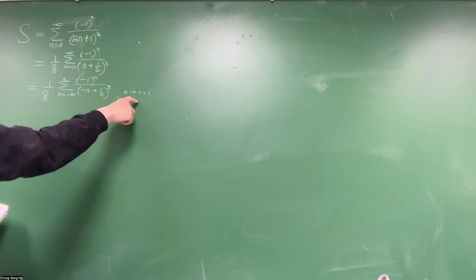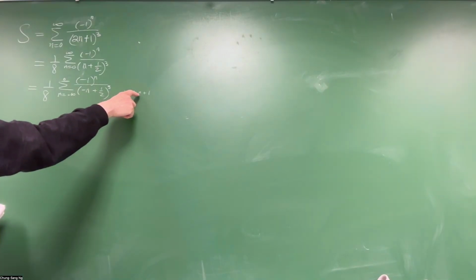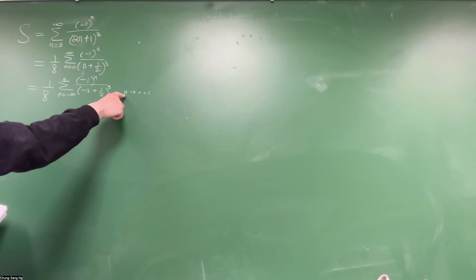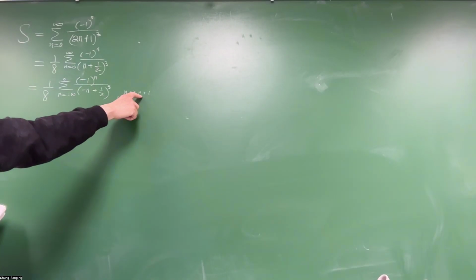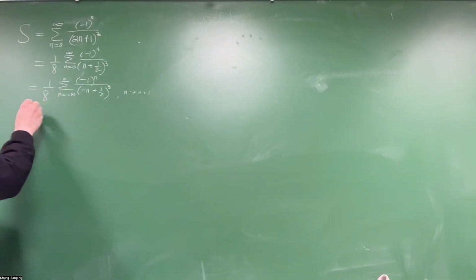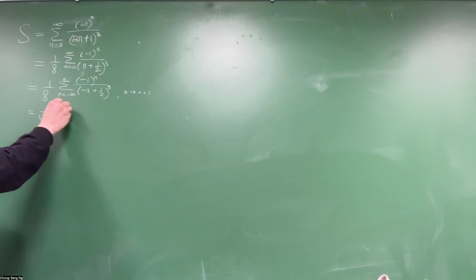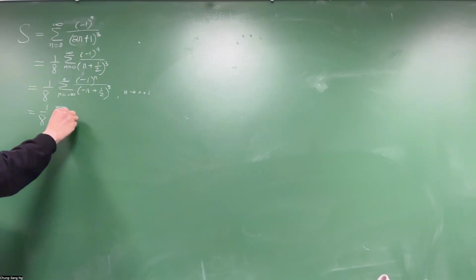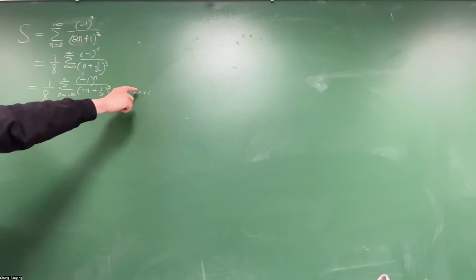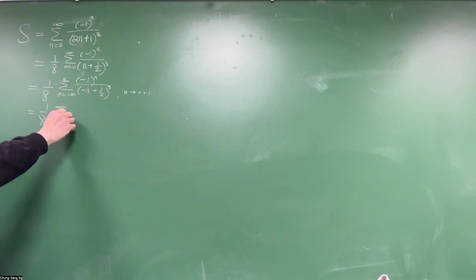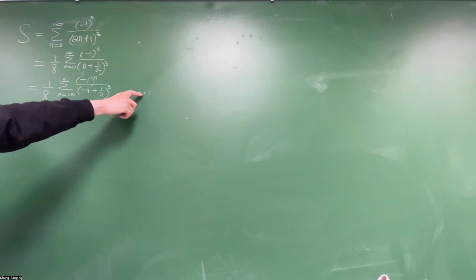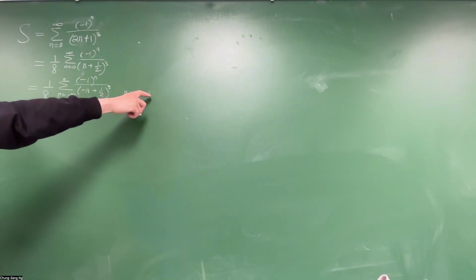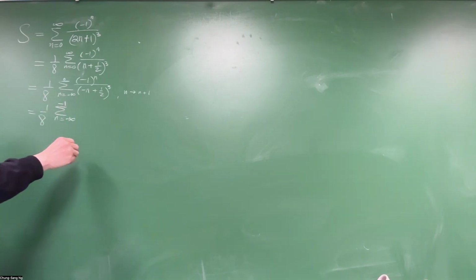In that case, the new n will be the old n minus 1, so you stop at minus 1. Okay. Now you change it to the new n. This is a little confusing sometimes doing these things, but the new n will stop at the old n minus 1, so stop at minus 1.